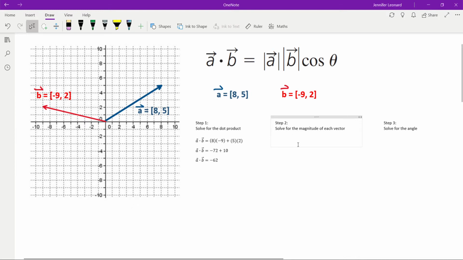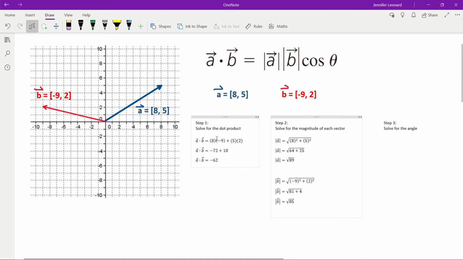So for the magnitude of vector A, I'm going to go 8 squared plus 5 squared, work within my square root, and just to keep things exact, I'm going to leave my answer as root 89. I'm going to repeat this process for vector B, going negative 9 squared plus 2 squared, and working through till I get 85.